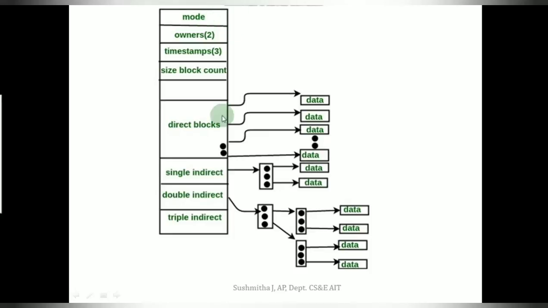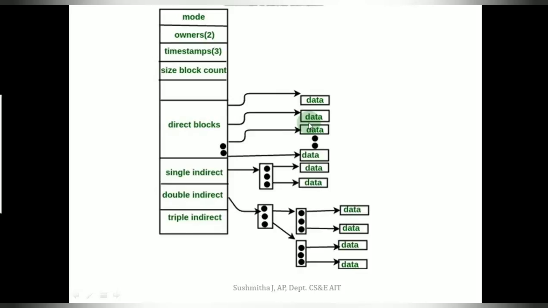You can see here, we have something called the direct block. So the first few entries or the first few pointers of the inode point to the direct block. That is, the pointer contains the address of the disk block that contains the data of the file.